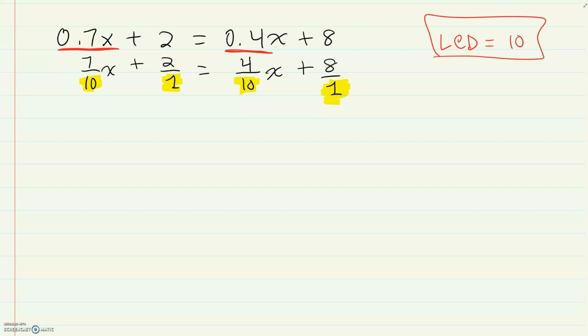Now, let's say the question had, for example, 8.123. Well, then this right here is 1,000. So between 10 and 1,000, your least common denominator would be 1,000, right? So that is how we would deal with decimals.